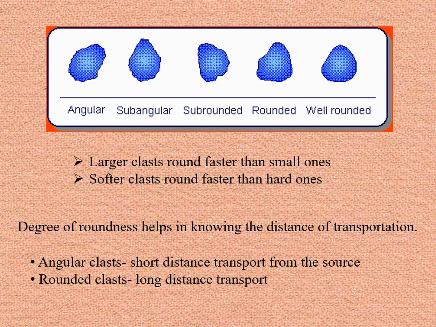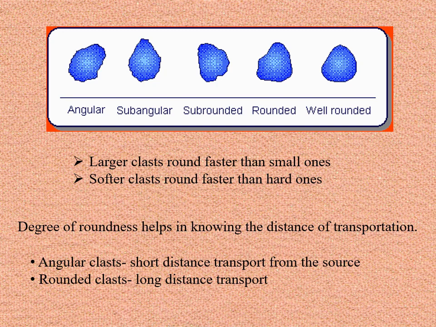When a grain is transported along the medium, it will collide and abrade with the bottom substrate as well as with other grains. So as much abrasion occurs within a grain during its transportation, the angular portions between those two sides become more and more rounded.